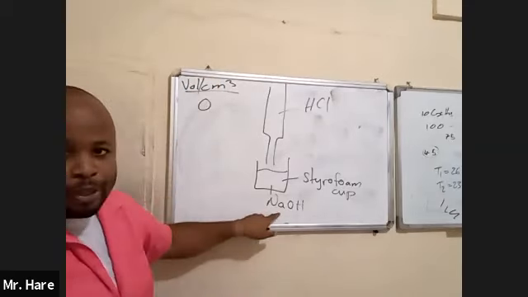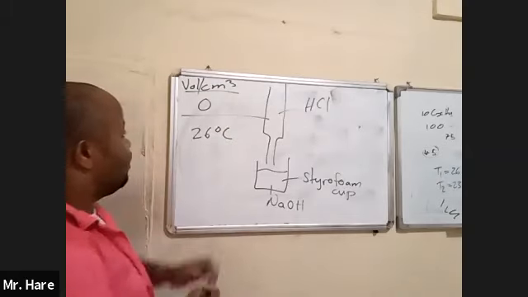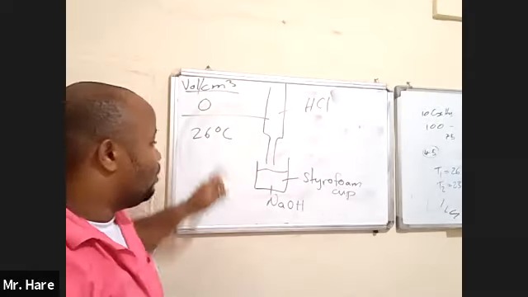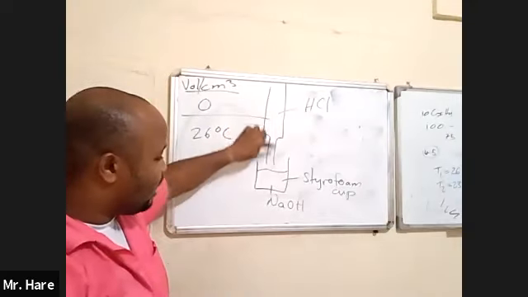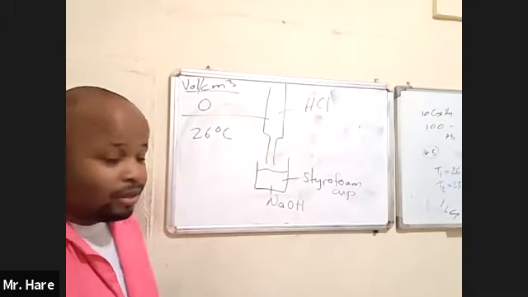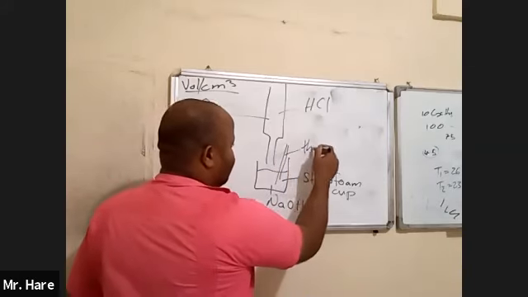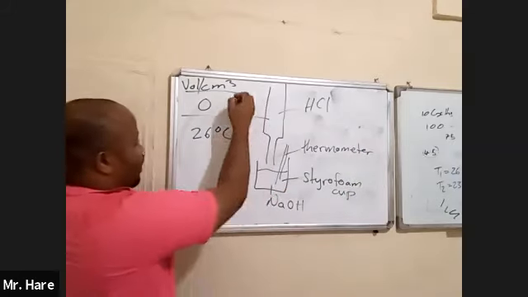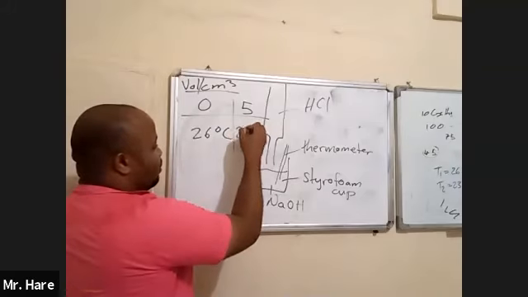Let us say it is 26 degrees Celsius. Then you add 5 cm³ from the burette into the sodium hydroxide solution and use a thermometer to measure the temperature. Let us say when you add 5 cm³, the temperature increased to 27.